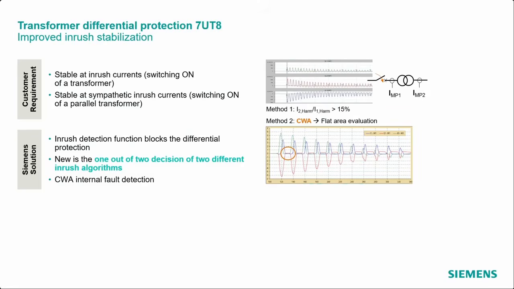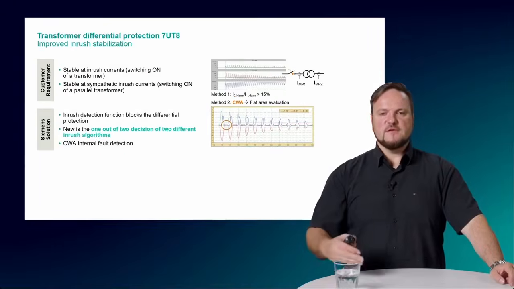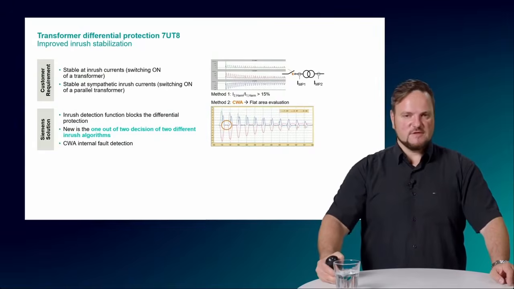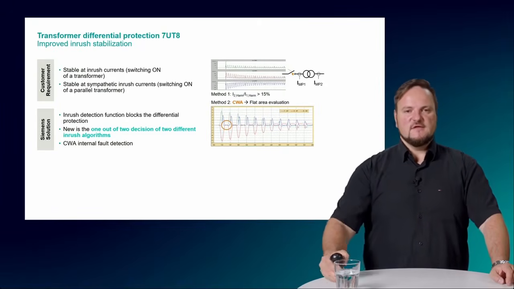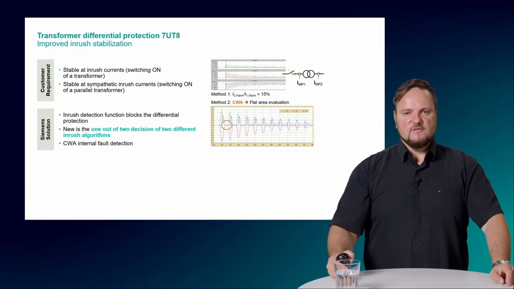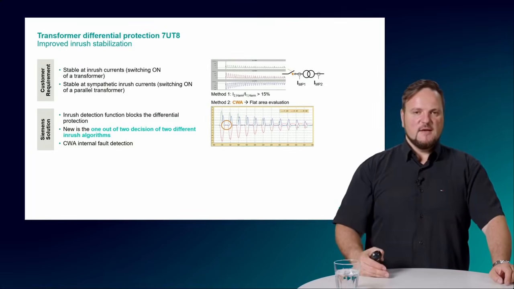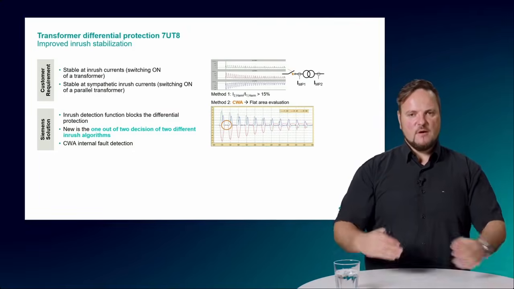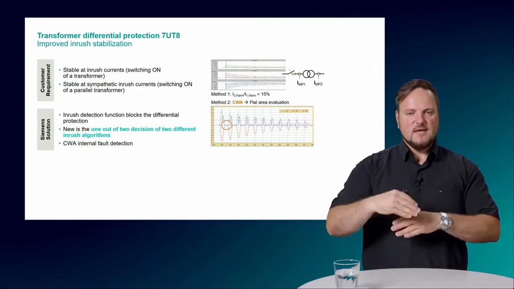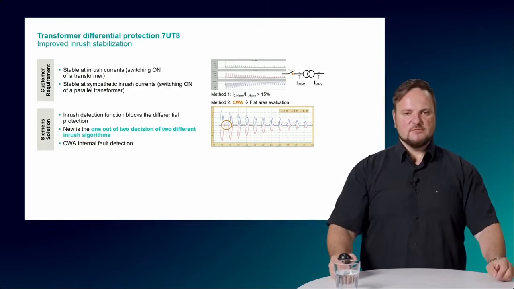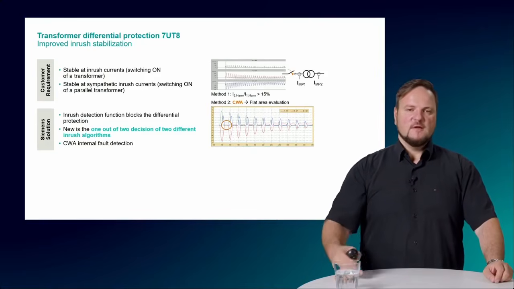So, and here we use that CWA. The CWA functionality is working like a cross block. So that means we have to detect these flat areas in a minimum of two phases, and this CWA function is working dynamically. So that means here we have a dynamic algorithm which is checking how high this flat area is, and then we block the differential protection for a certain time.